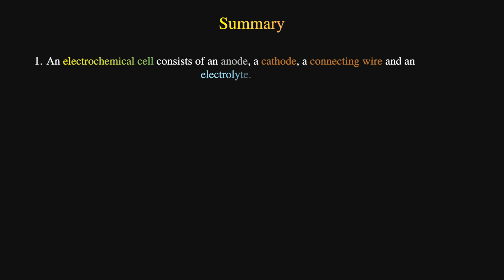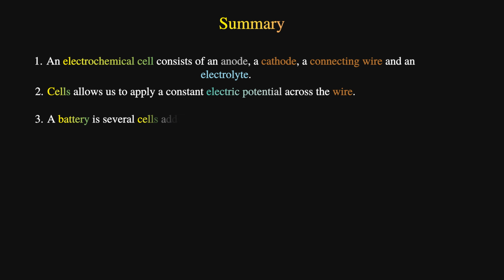Now, there is more I want to say about current and circuits, but this lecture is already getting quite long. Let's summarize what we've learnt so far. An electrochemical cell consists of an anode, a cathode, a connecting wire, and an electrolyte. It allows us to apply a constant electric potential across the wire. A battery is simply several cells added in series.